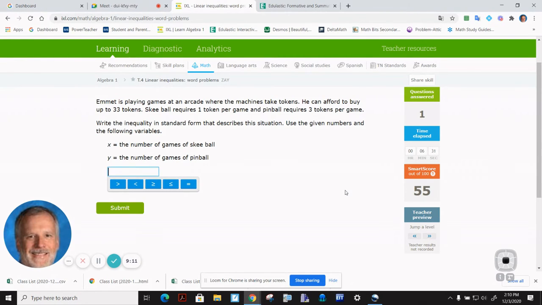So he can afford to buy up to 33 tokens, and a skee ball game requires 1 token. So it says down in our problem, X is the number of skee ball games.